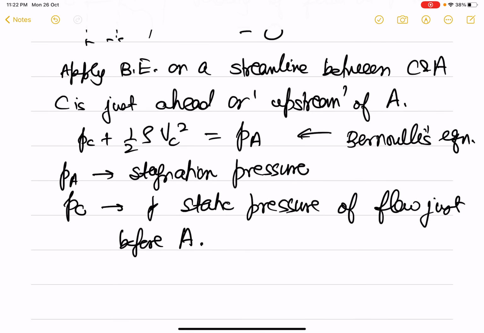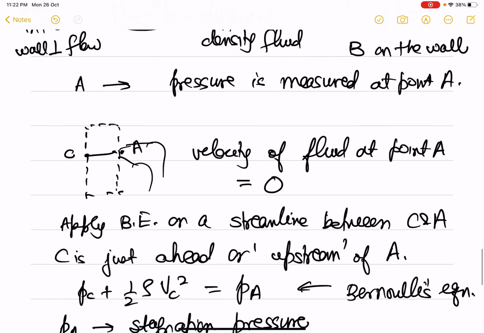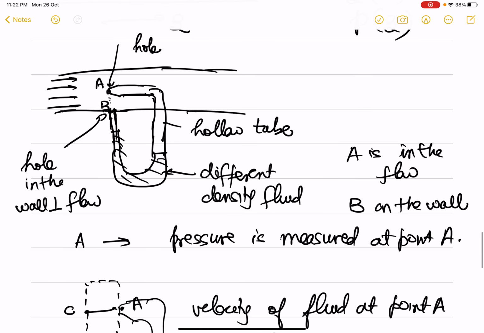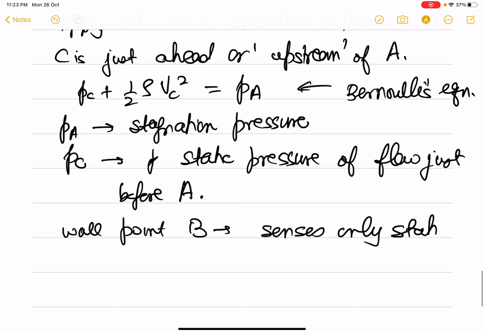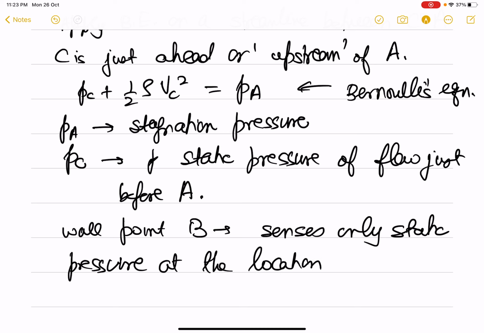And if we look at the wall, the wall point B senses only the static pressure at the location, because this is perpendicular to the flow, so it does not sense the flow.